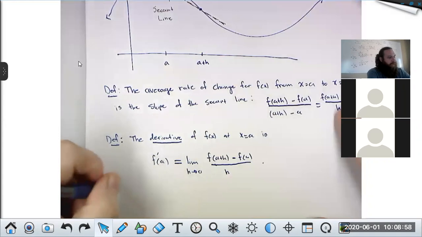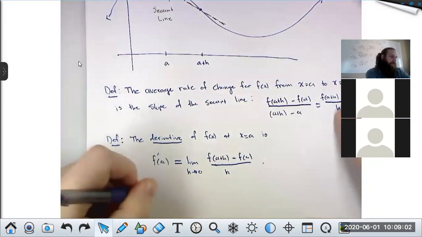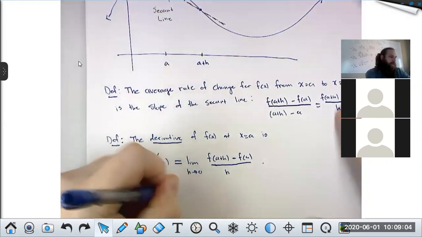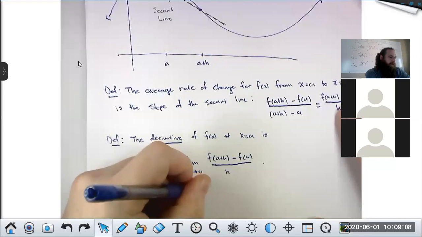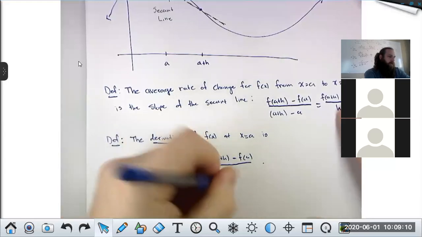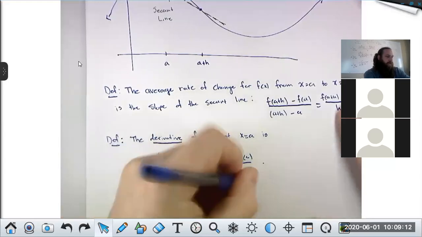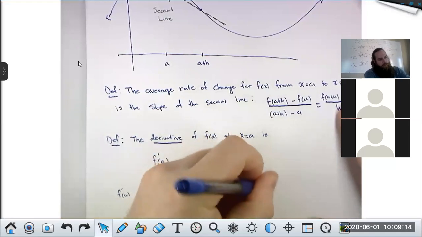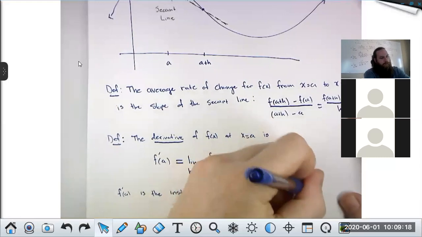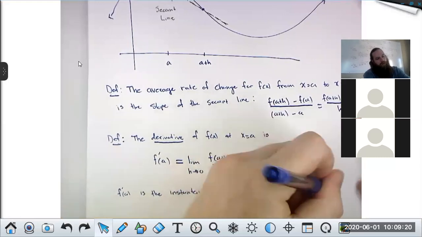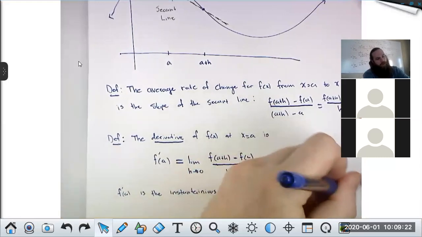And I would also say that f primed of a is the instantaneous rate of change for f of x at x equals a.